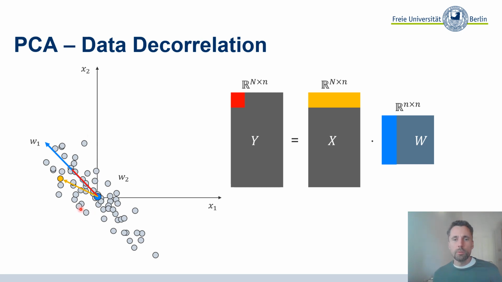And what we want to do is take the data set, each of these points individually, and create a new data point from each of these, and therefore a new data distribution that shows no correlation. And we do this by using our data matrix X and our matrix of principal components W, and multiply these two together.